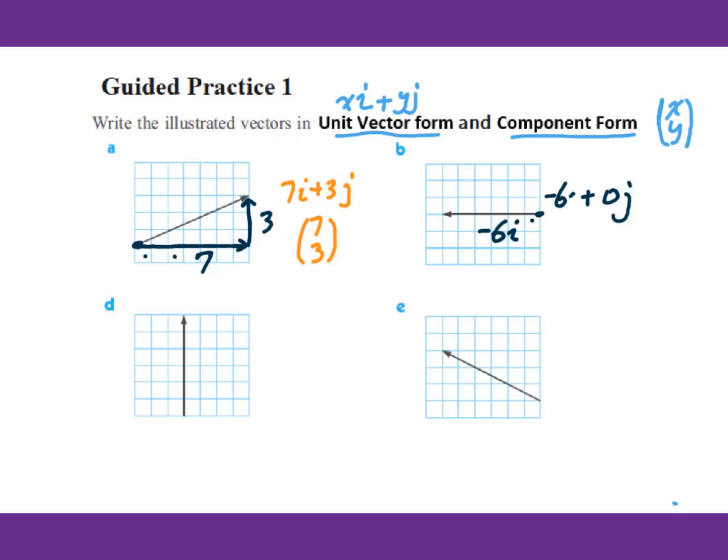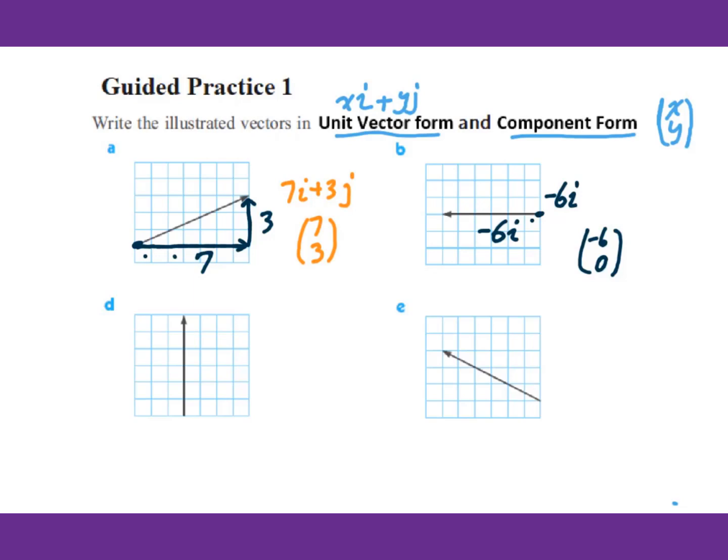So negative 6i. And for the component form, we have negative 6 and 0. For unit vector form, if you have 0j, then you just don't write it. The negative 6i, that's the answer.